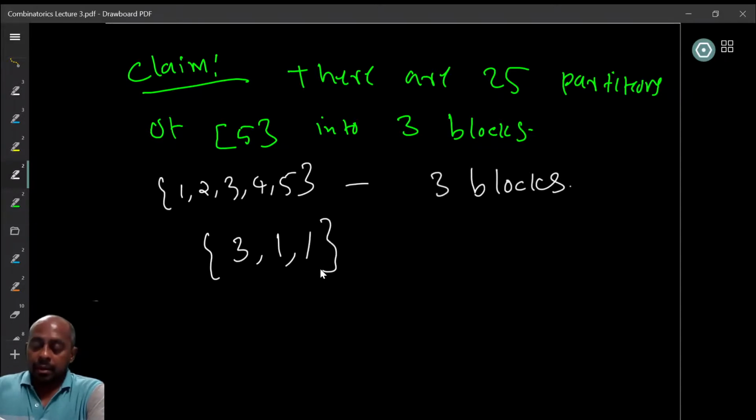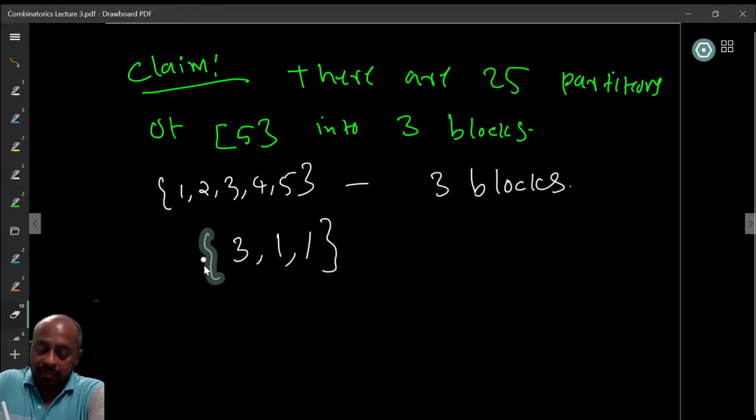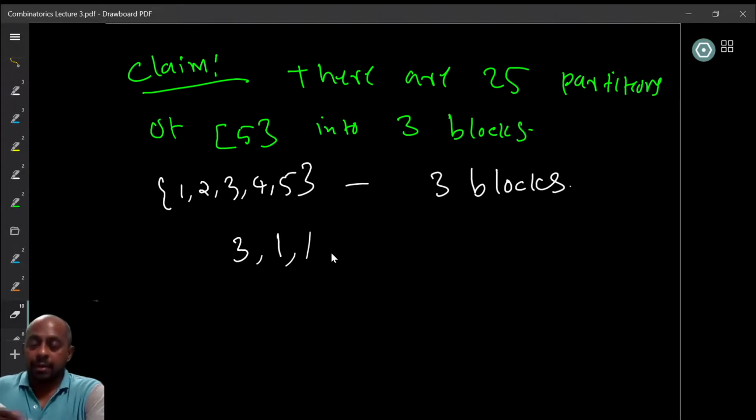So it should be cardinality 3, 1, 1. This is not the set {3, 1, 1}; we should have blocks of cardinality 3, 1, 1.